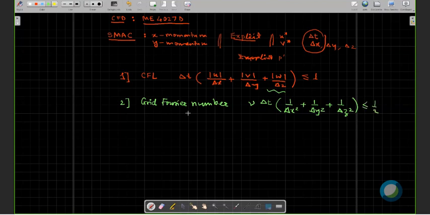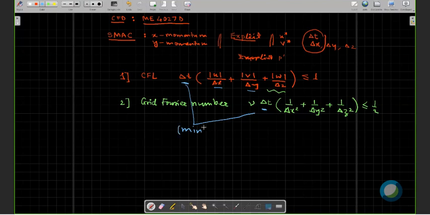So you have to take delta t such a way that it should be the minimum out of these two. Either you take this or this, and out of this, whichever is minimum, you consider that delta t. Similarly, delta x, delta y, delta z, whichever is minimum, that delta x, delta y, delta z you have to take.